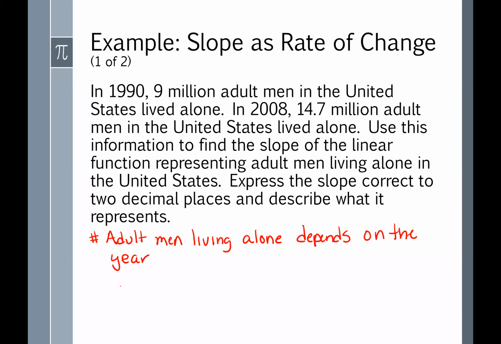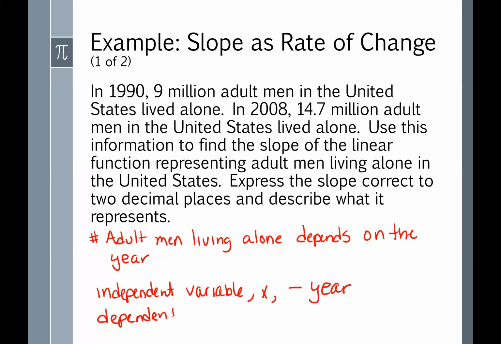So our independent variable, which we'll just call X, is going to be the year. And our dependent variable, which we'll just call Y, that's what we use typically, is going to be the number.